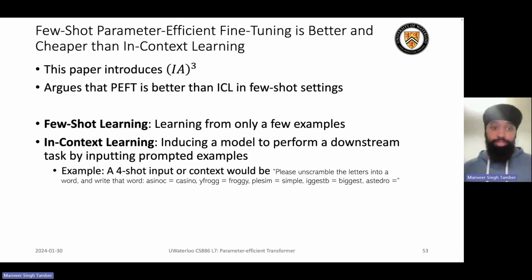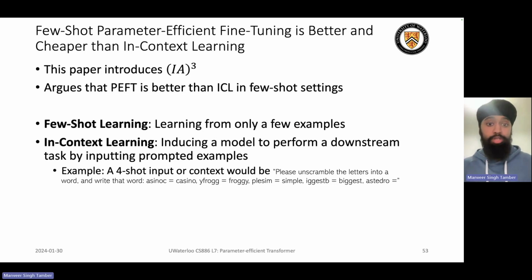So again, this paper introduces this method, and it argues that PEF is better than ICL in few-shot settings. And just to remind you, few-shot learning is learning from only a few examples, and ICL is in-context learning, where we induce a model to perform a downstream task by inputting prompted examples. And so here's an example of both few-shot and ICL. So it's a 4-shot input or context that is, please unscramble the letters into a word.